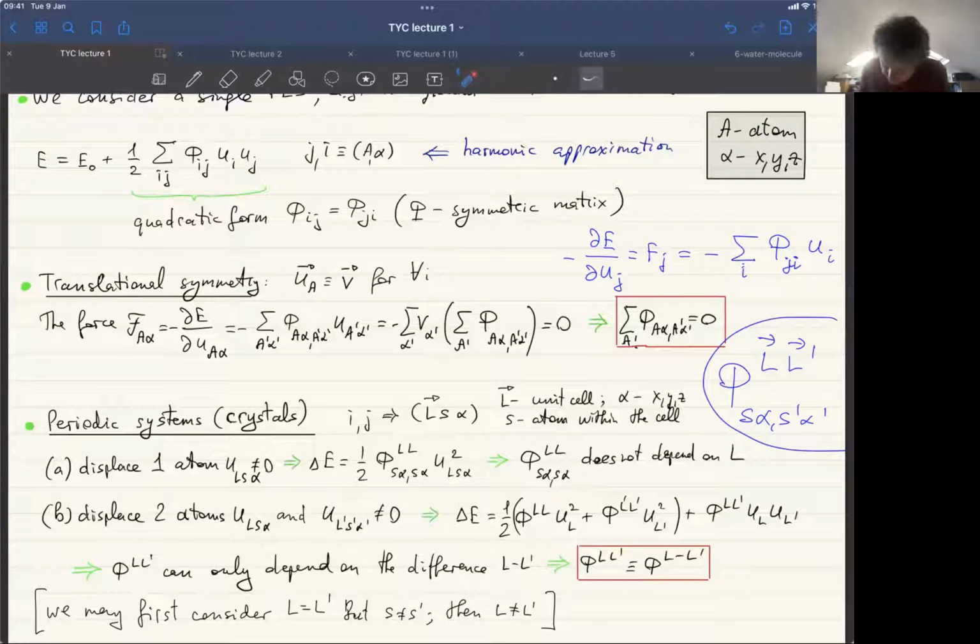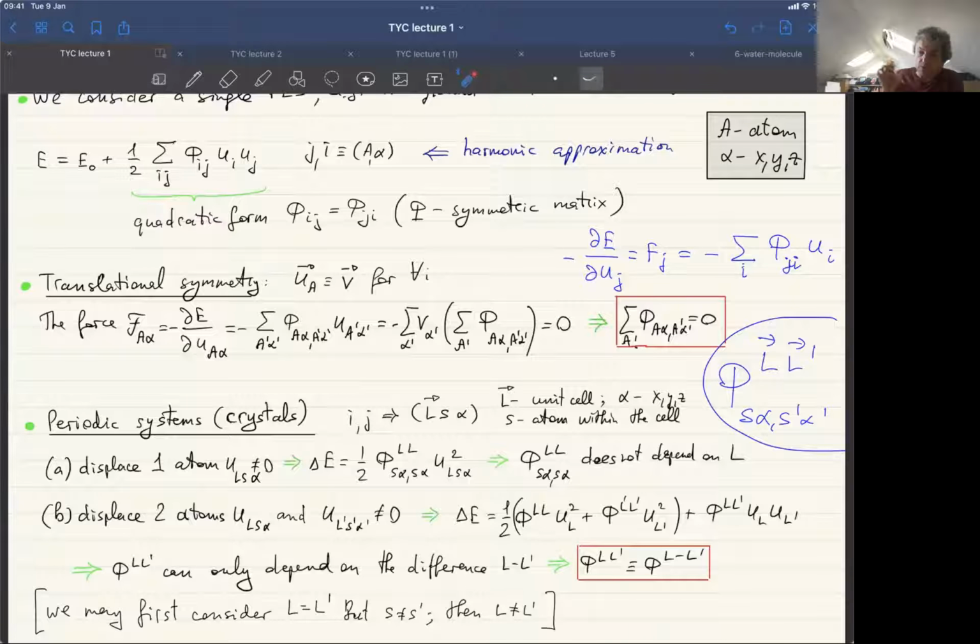And in order to see this fact, let's now perform another mental exercise in which we take two atoms in the same unit cell L: atom S, and atom S prime. I wrote L prime here, but just imagine for a second this is the same L, with a different atom, S prime.